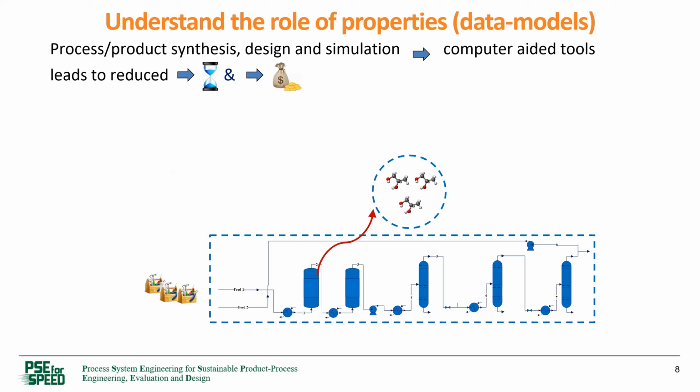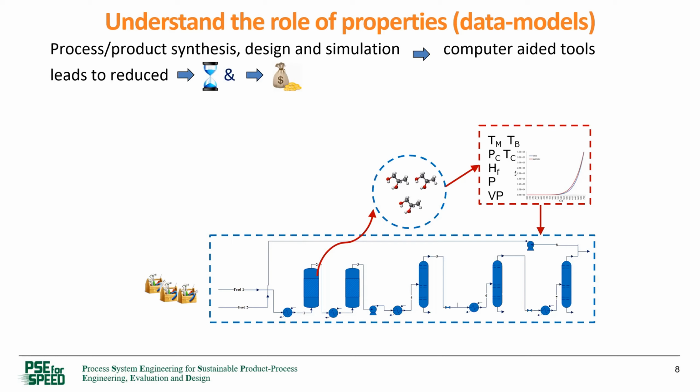And any operation with these chemicals means that the properties of these chemicals, just to give you a list, melting point, boiling point, critical pressure, critical temperature, heat of fusion, vapor pressure, all of these, and the way those properties change, or the way the molecular structure changes these properties, change the process and the operation of the process.